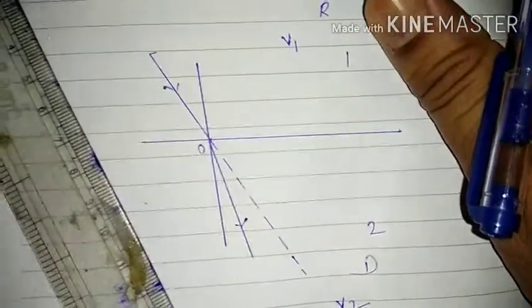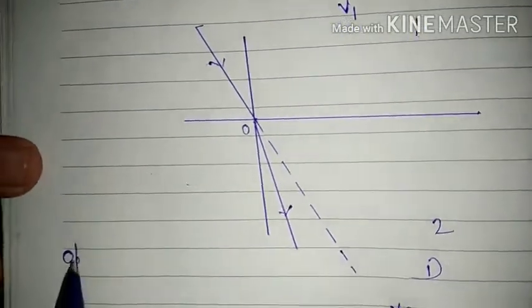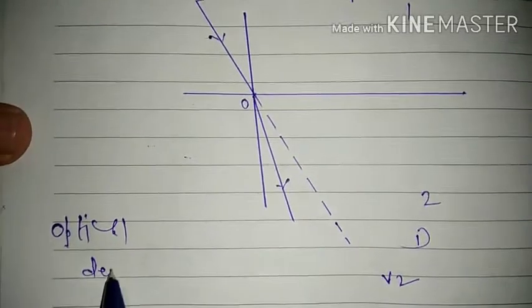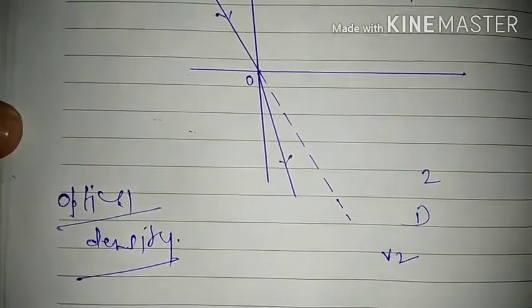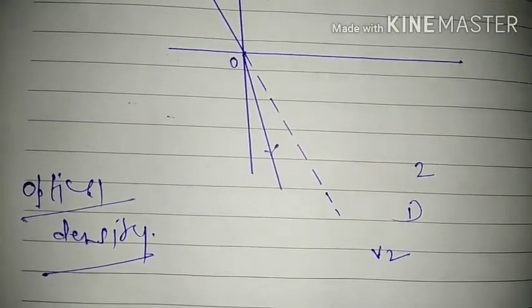So what we see here is that due to change in optical density, and in our previous lecture we had also discussed optical density, the speed of light changes.